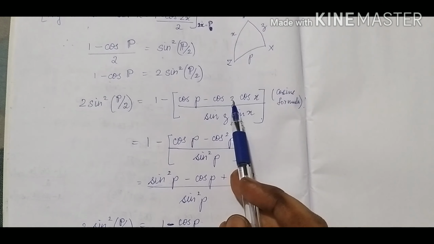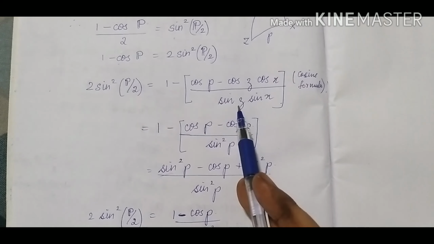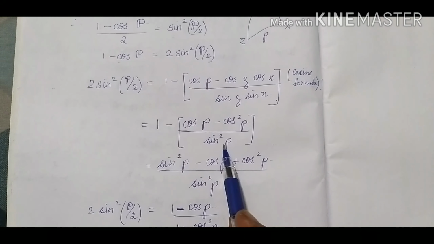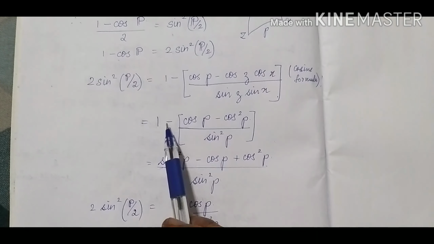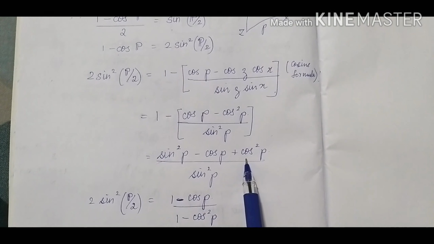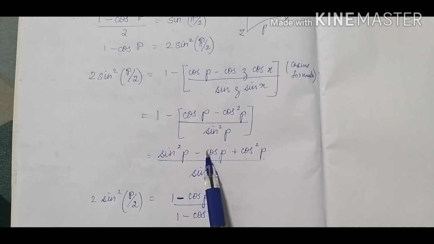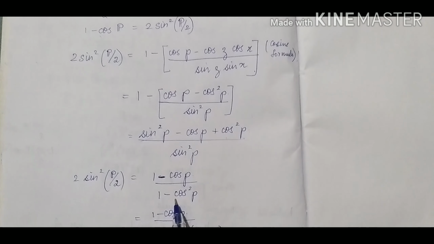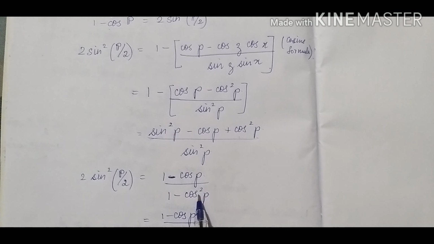So this will be again cos p into cos p, that is cos square p, and the denominator will be sin p into sin p, sin square p. So taking the LCM, we have sin square p minus cos p, minus into minus plus cos square p. Sin square p plus cos square p is 1, minus cos p, divided by, I have written the sin square p again in terms of cos, so we have 1 minus cos square p.